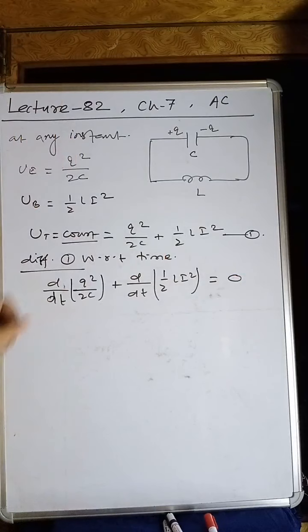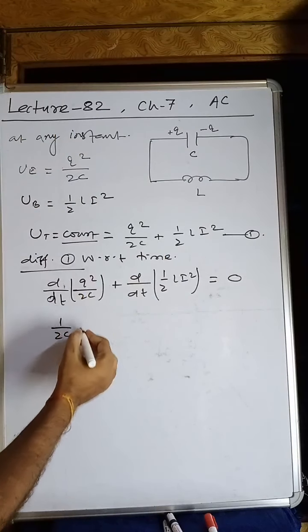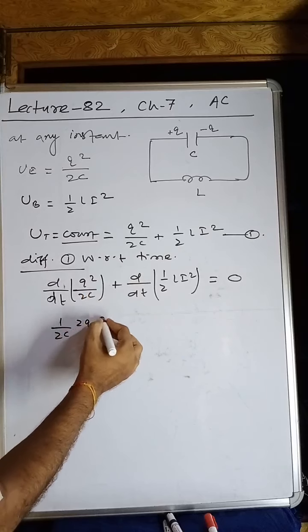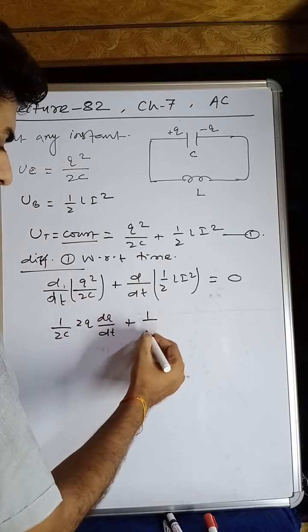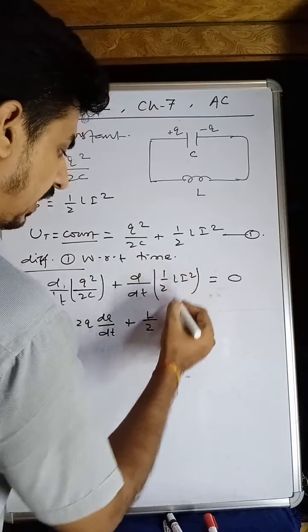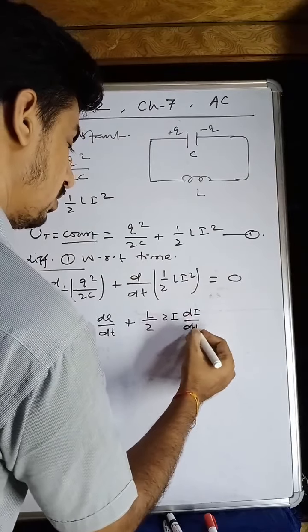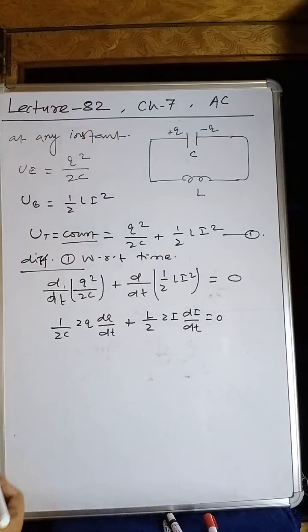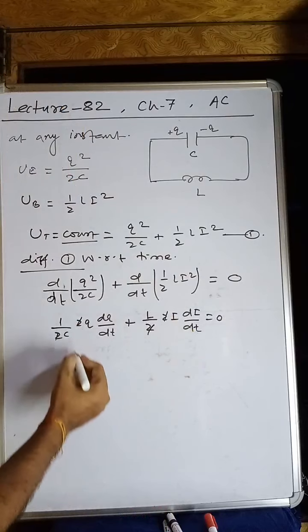My dear students, listen carefully. Here 1 over 2C is constant and the derivative of Q square is 2Q dQ by dt. Here L by 2 is constant, and the derivative of i square is 2i di over dt. This is 0. This 2 will cancel out here as well.